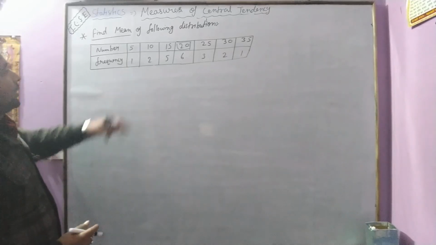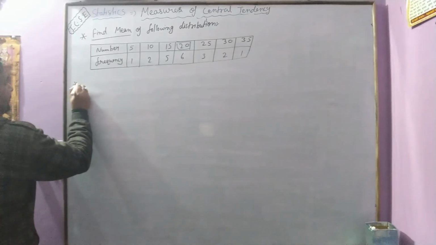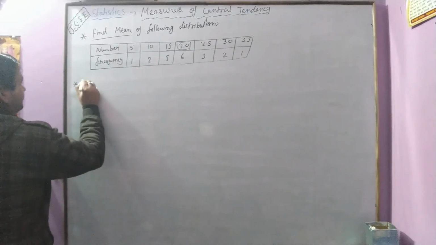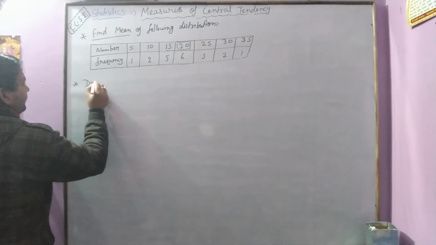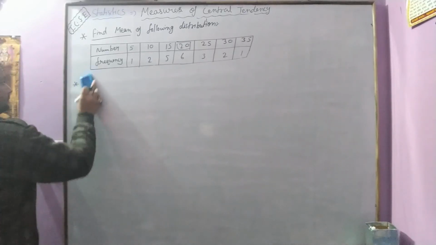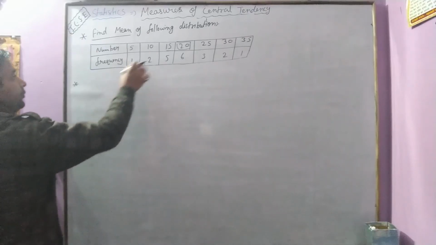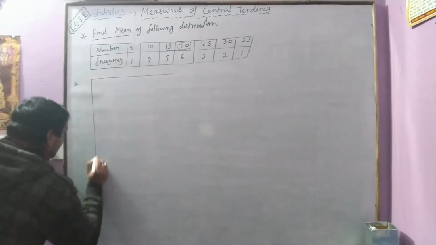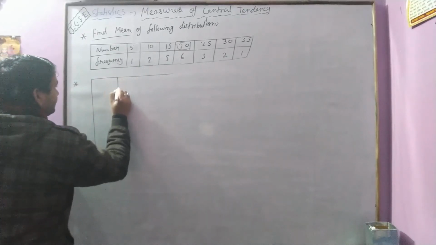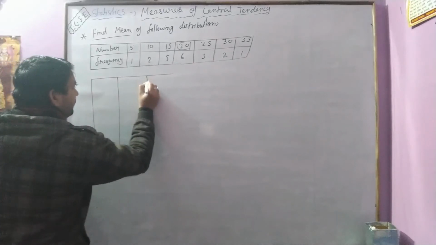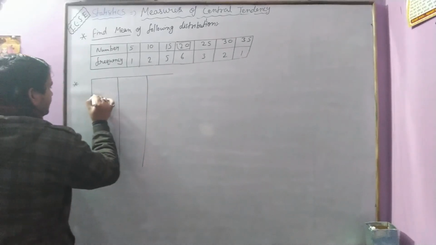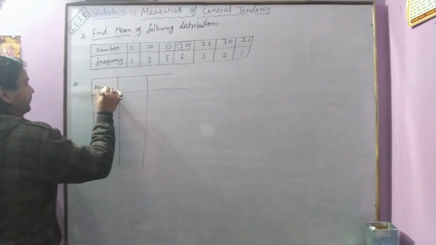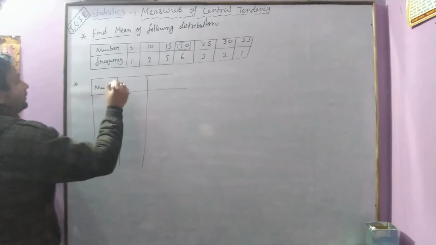Now we understood how to calculate the mean. First we are calculating the mean for this data by using direct method. Now first you have to write the data in the vertical tabular form. This is number, this is your frequency.